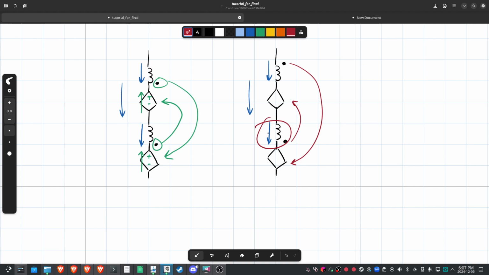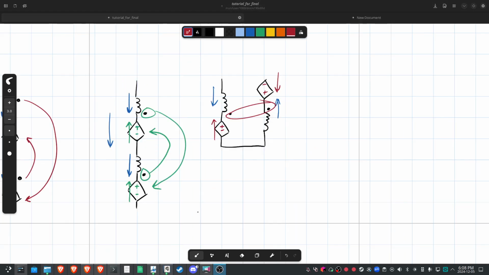So this one's traveling down. It's going to affect this voltage source. This voltage source is going to be pointing down. This current is going down. It's going to affect the other voltage source. It's going to be pointing down. And once again, just to hammer this point home, we can apply the same bending of the circuit.